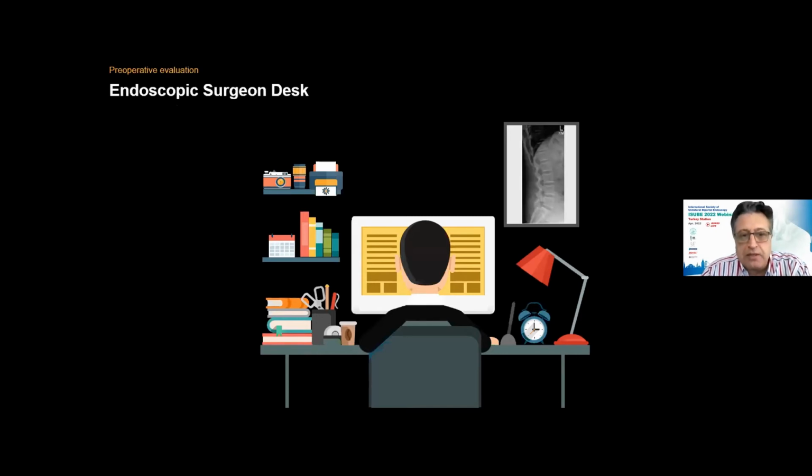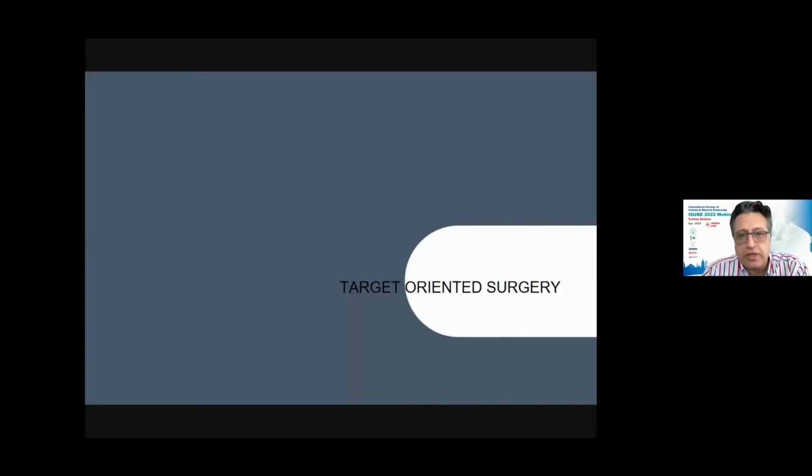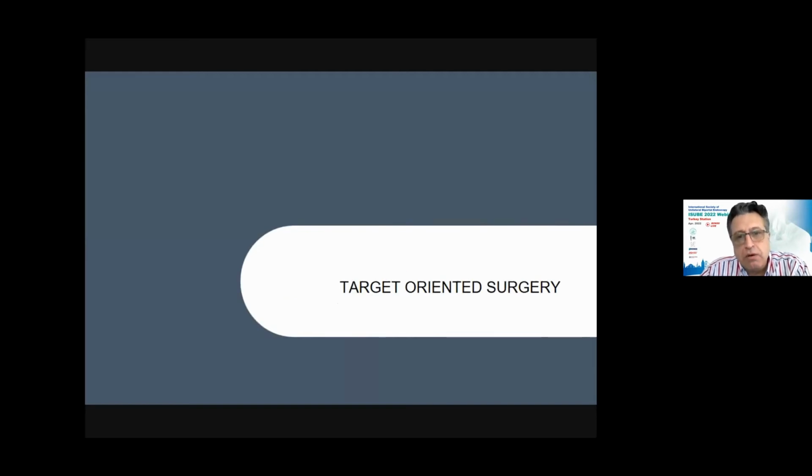We examine the patient. We see the MRIs, the CT scan, EMG, and we try to make a target-oriented surgery, because our goal in minimally invasive surgery is to not destroy healthy tissues and to go directly, if possible, to our targeted pathology.